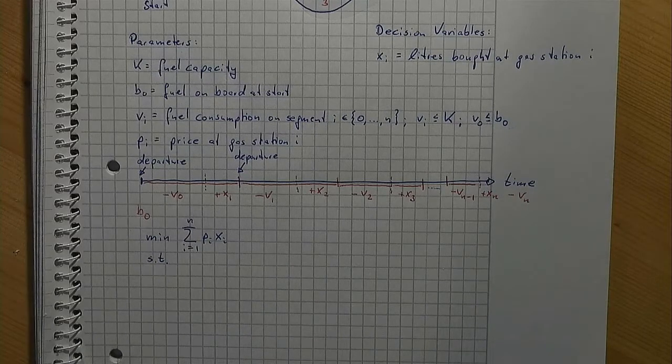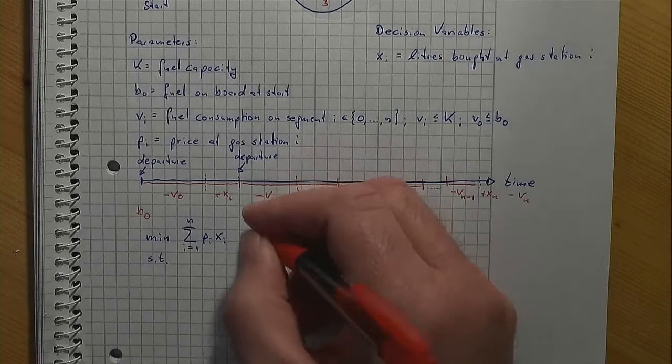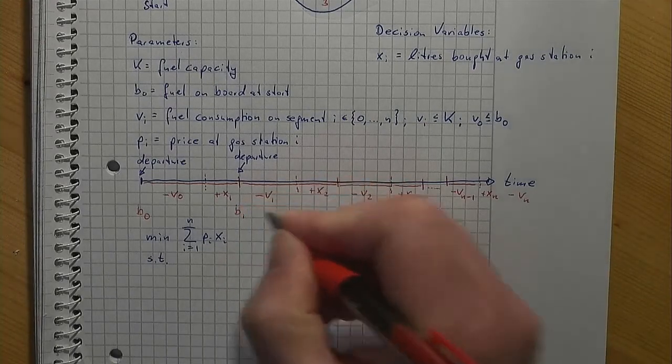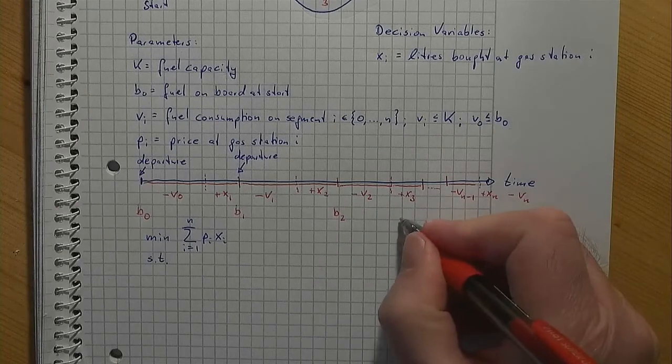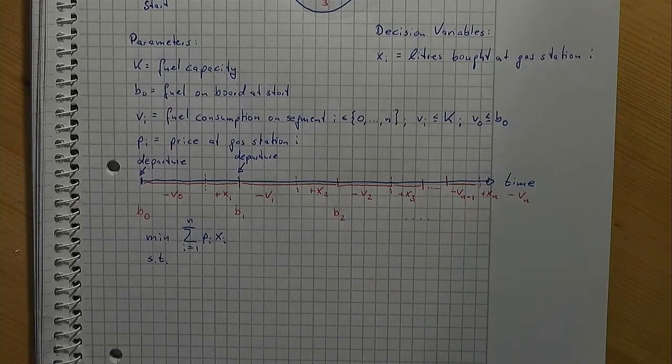When we leave a gas station, the state, that is, the fuel on board, can be described by B1, B2, and so on, which are decision variables.